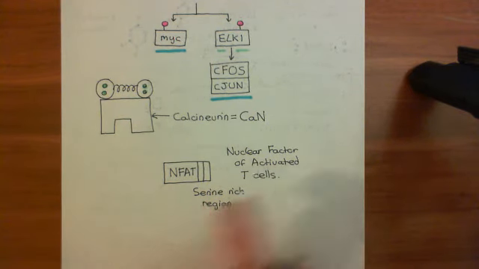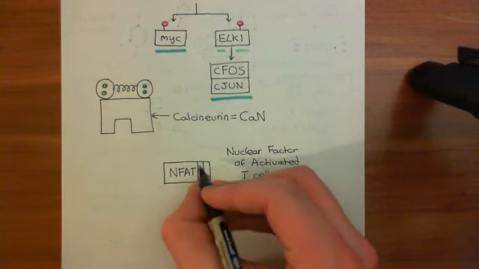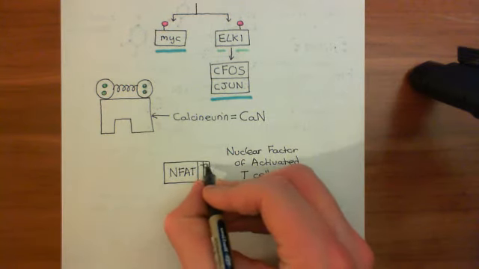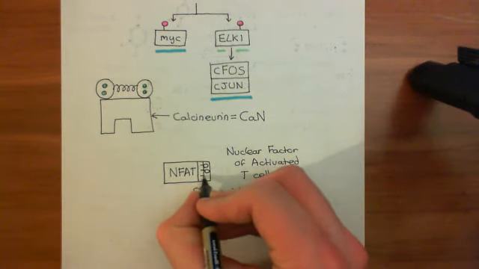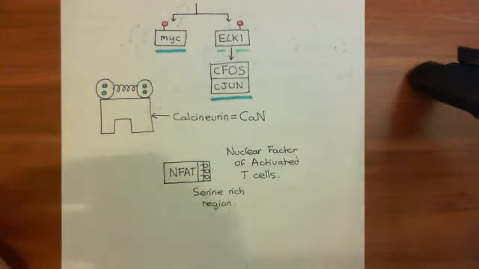Its role is to go into the nucleus and affect the transcription of a whole bunch of genes by binding to promoter regions. However, usually when it is not active, it cannot get into the nucleus. It is trapped in the cytoplasm, because it has a bunch of phosphate groups attached to serine residues within the serine-rich region.